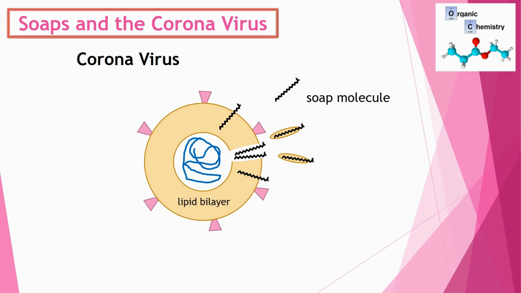Now, if they make a gap in this wall, the RNA, the nucleic information in the middle that is used to grow new viruses or cause havoc, escapes, and the whole virus falls apart and is destroyed. So that makes this soap a super molecule. And the fats that it's produced from are really useful organic molecules, and knowing how to carry out hydrolysis can help save the world, one virus at a time.